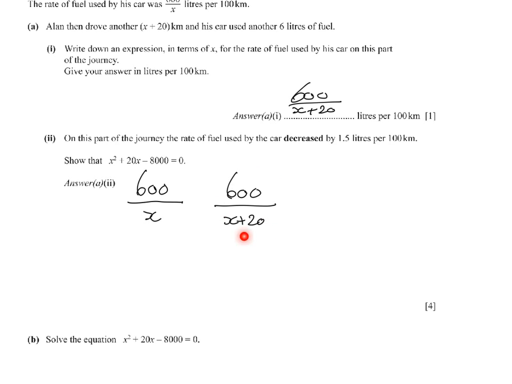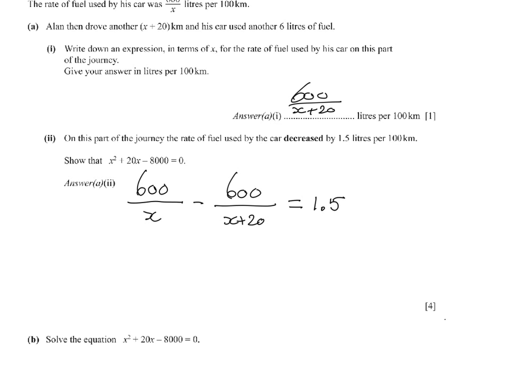And this is 1.5 less than before. So this is more, I used more fuel for the first part. So if I subtract the two, that then has to equal 1.5, because the difference in the amount of fuel used is 1.5. Good. I constructed my equation, but now I have to rearrange it, and then I should get this equation.